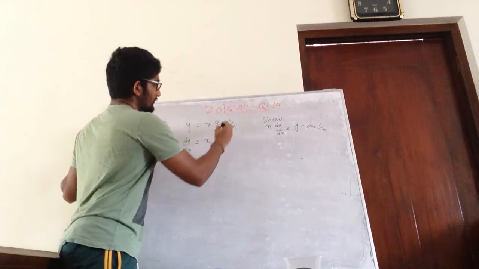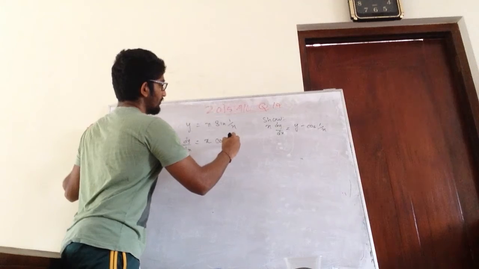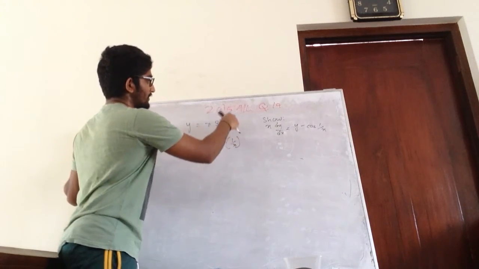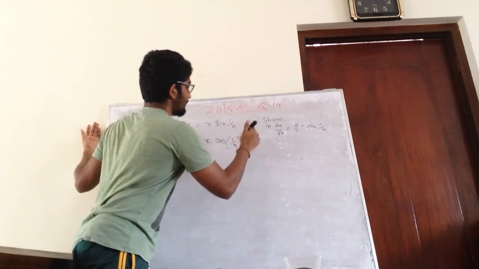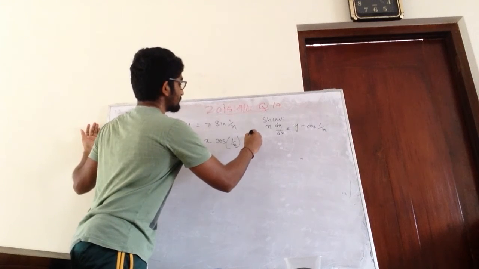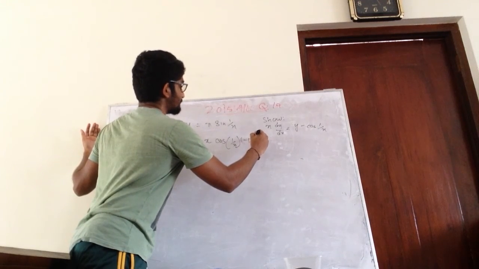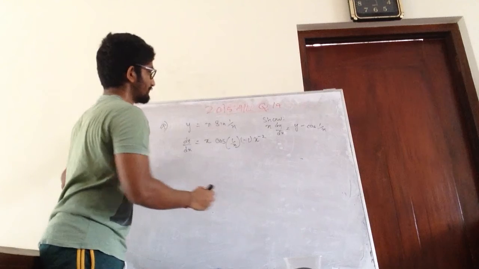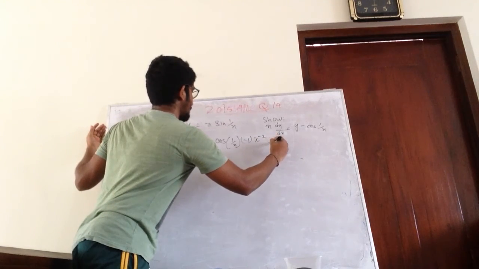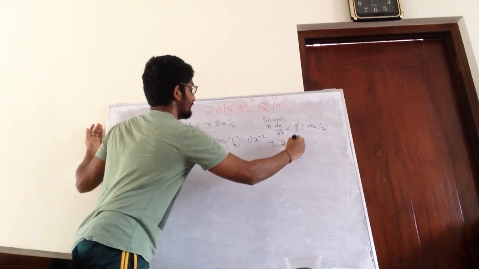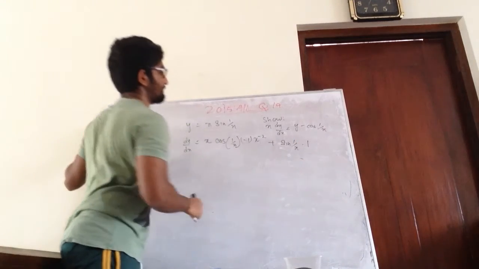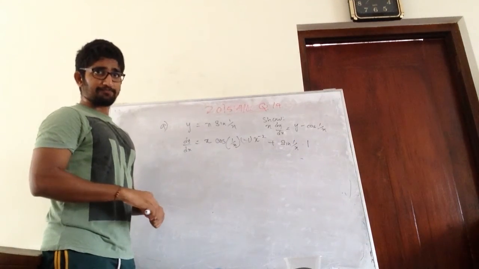So this becomes cos 1 over x. When you differentiate 1 over x, what will happen? So minus x to the power minus 2, plus sin 1 over x times 1.